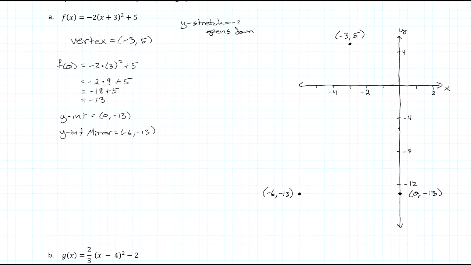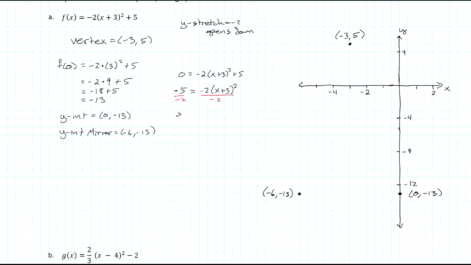X-intercepts. So I'm going to set 0 equal to the function: 0 equals -2 times x plus 3 quantity squared plus 5. I'll subtract the 5 over to the other side, so -5 equals -2 times x plus 3 squared. I'll divide off the -2 from both sides.